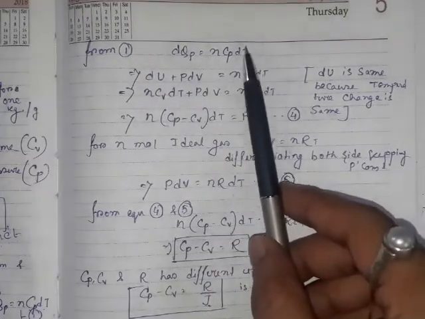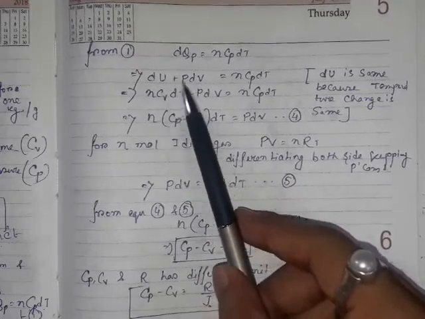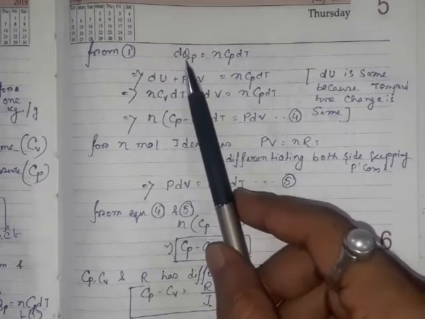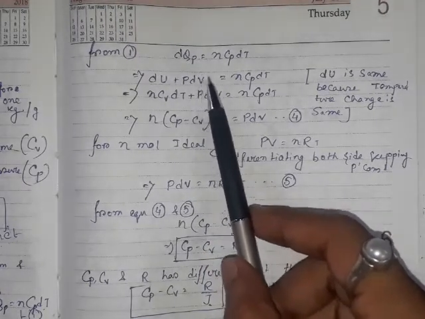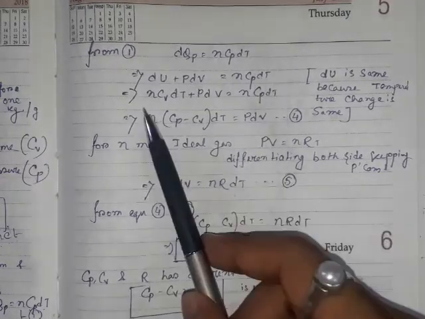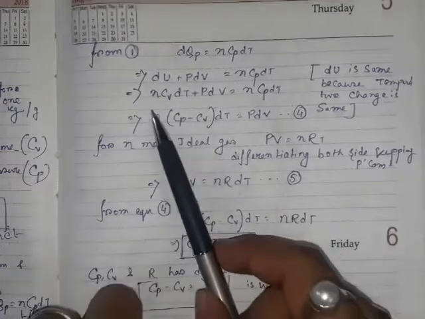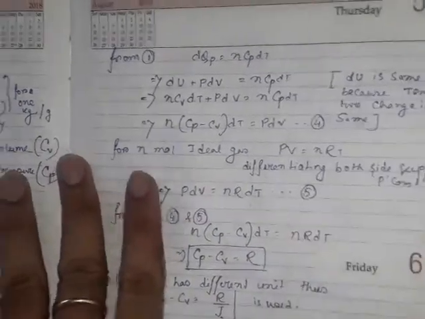Since you have increased the temperature by dT here also, that will be your dU plus PdV. Since volume is not constant here, we will get some amount of work. So n Cp dT equals dU plus PdV, and we can write dU as n Cv dT from our previous discussion.